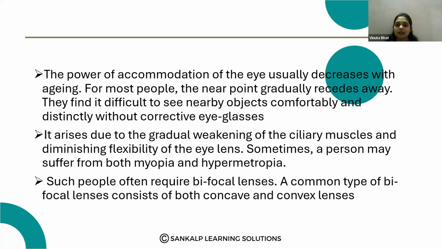For most people, the near point gradually recedes away. They find it difficult to see the nearby objects comfortably and distinctly without corrective eyeglasses. It arises due to the gradual weakening of the ciliary muscles and diminishing flexibility of the eye lens.